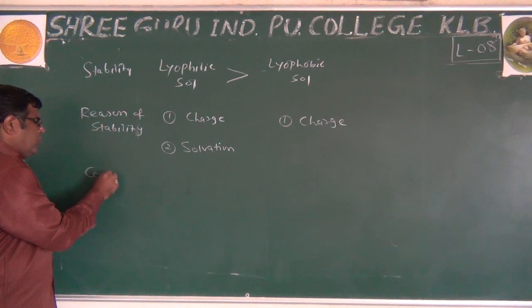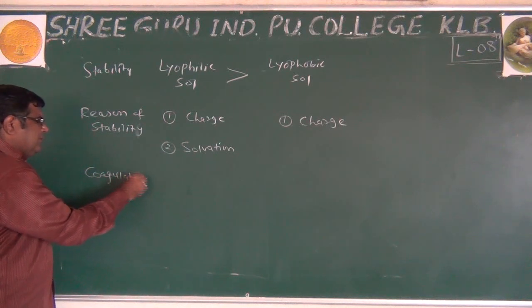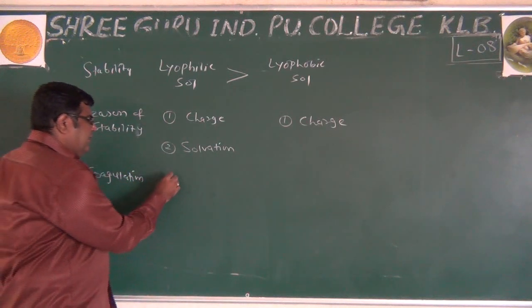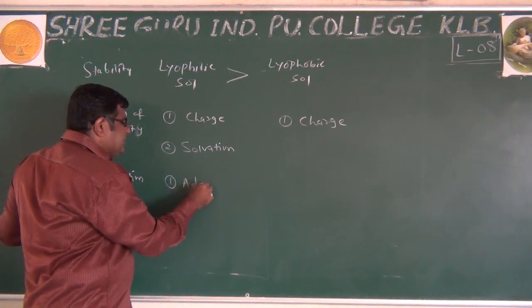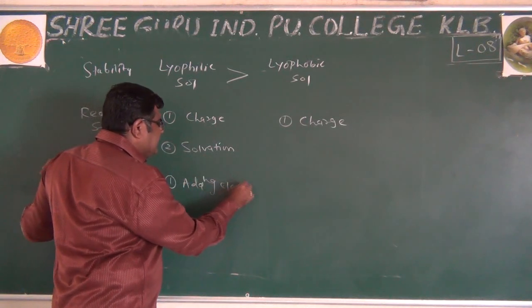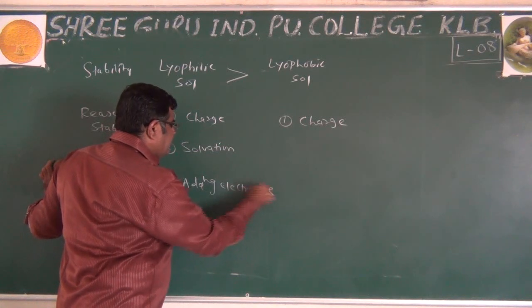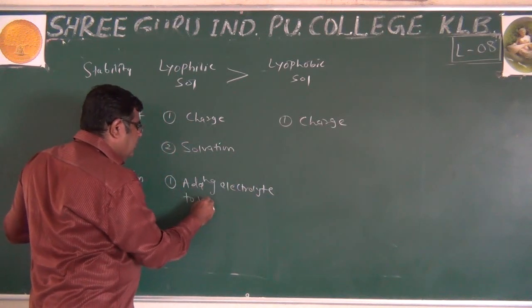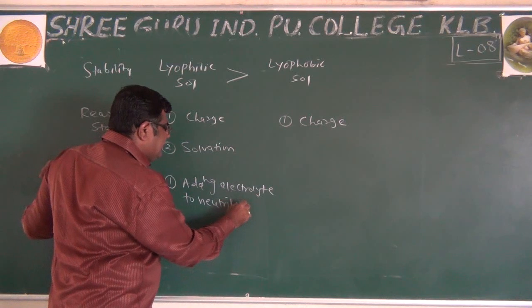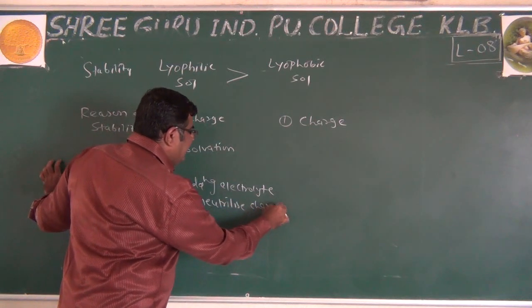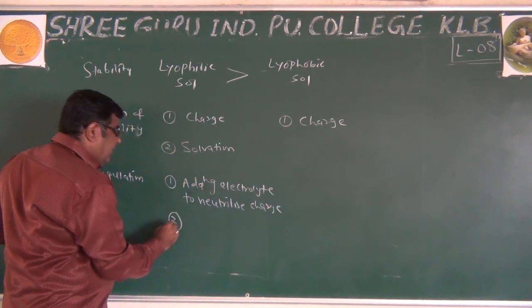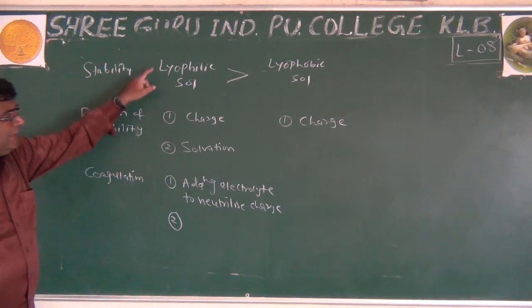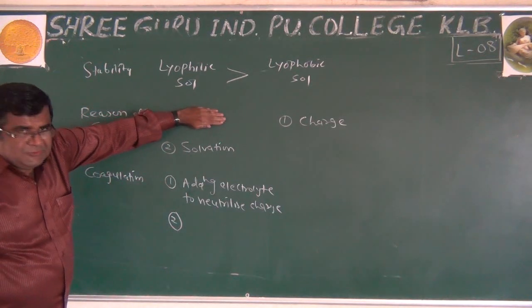Now, how to coagulate? We can say addition of electrolyte to neutralize charge is one way, but this is not enough for lyophilic because only this factor is removed.